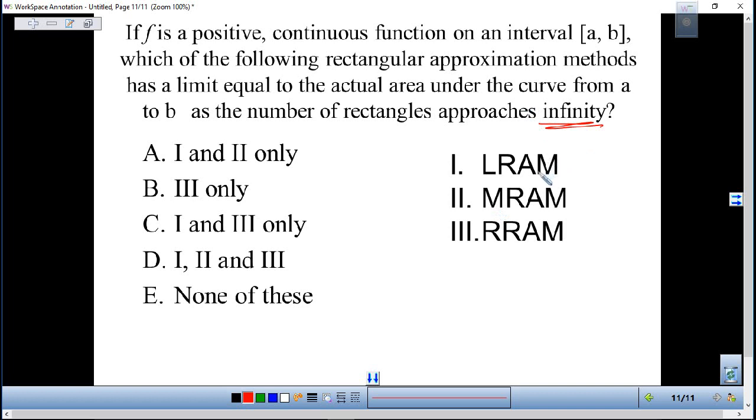Well, we're infinitely accurate, which means we're exact on all three. If we're letting the number of rectangles go to infinity, we can use any one of these three and we're going to get the exact answer. So that means that they're all going to be equal to the actual area. So D is the answer there. All three of them.